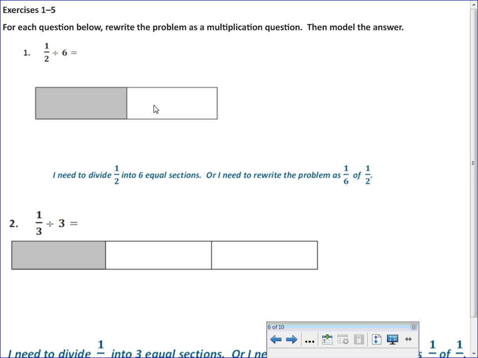This is again where your different colors will come in handy. Now this half I'm going to divide by 6. 1, 2, 3, 4, 5. Remember, 5 lines gives you 6 boxes. But if I do it to this half, I have to do it to the other half too.